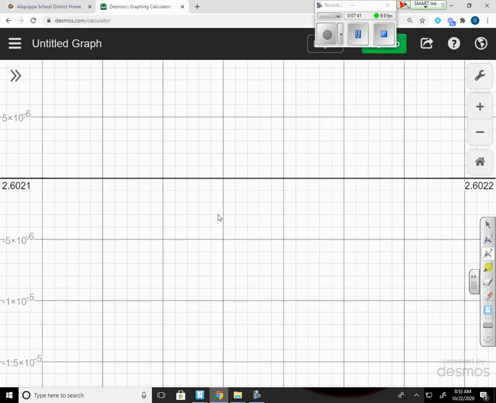So even as I just keep getting smaller and smaller, it's 2.6021. This is 2.6022. Then in the middle would be 2.60215, because it's halfway between 2.6021 and 2.6022.